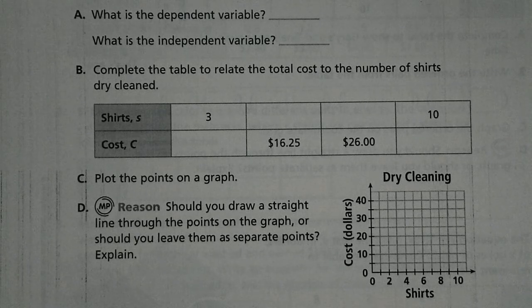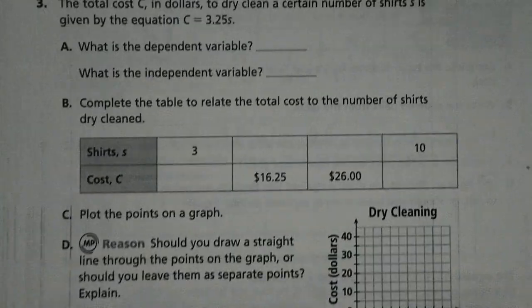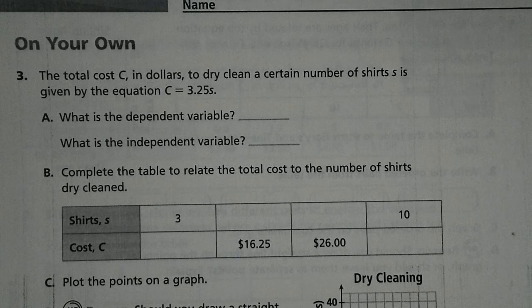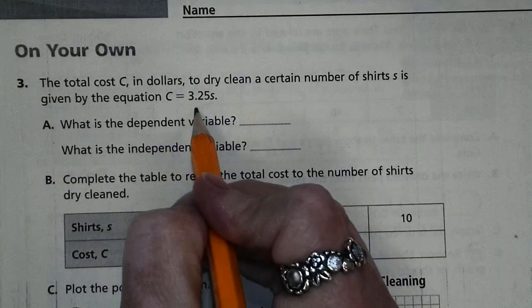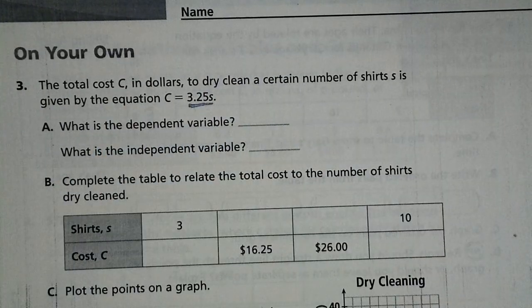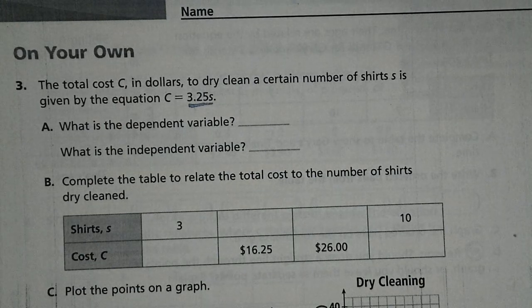Okay. I need a little bit of help. What number? 3. All right, so they gave you the equation. They're telling you that this is my constant rate. I'm going to buy one t-shirt for $3.25.